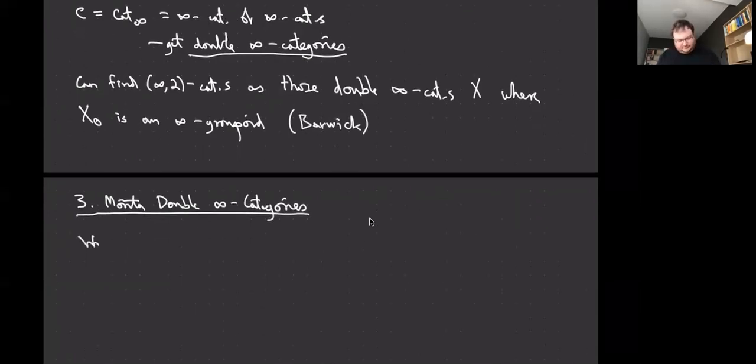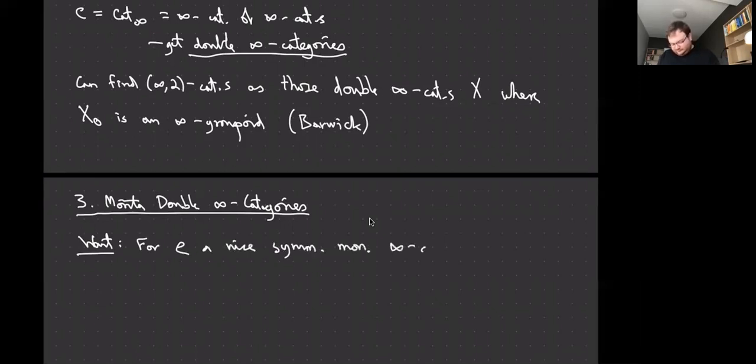So what we want is, given a reasonable symmetric monoidal infinity category, we should have a double infinity category.